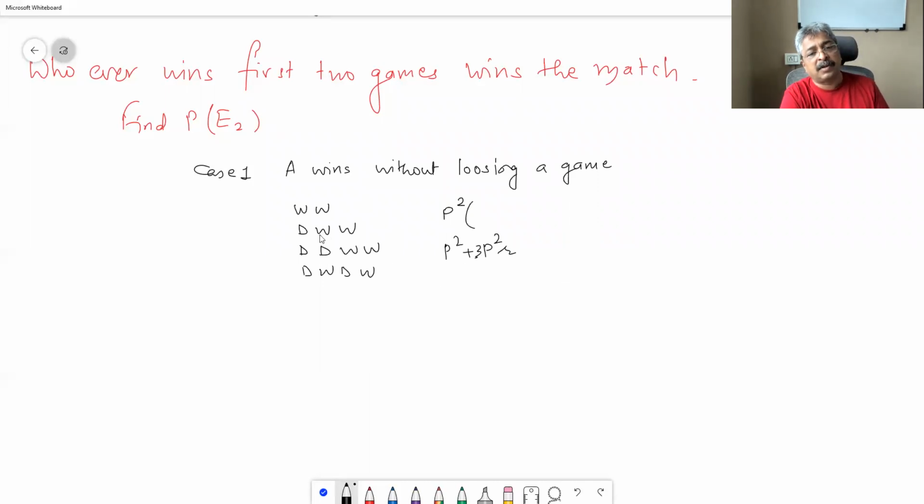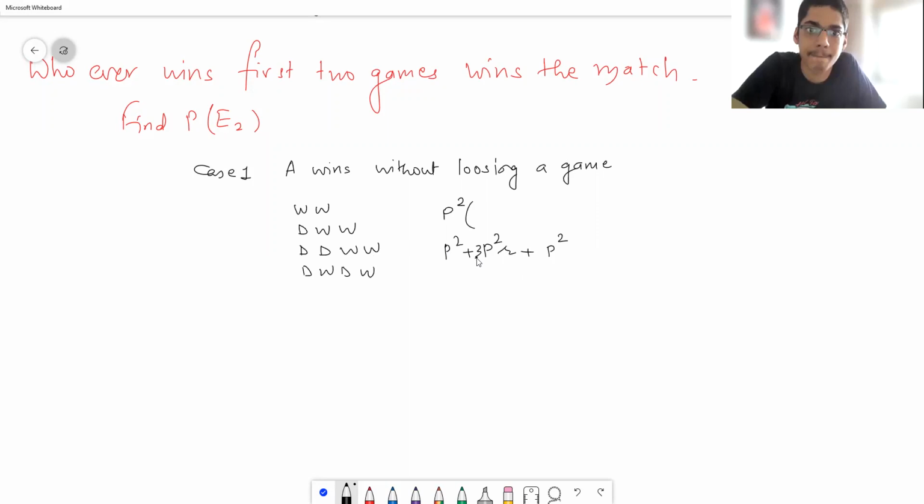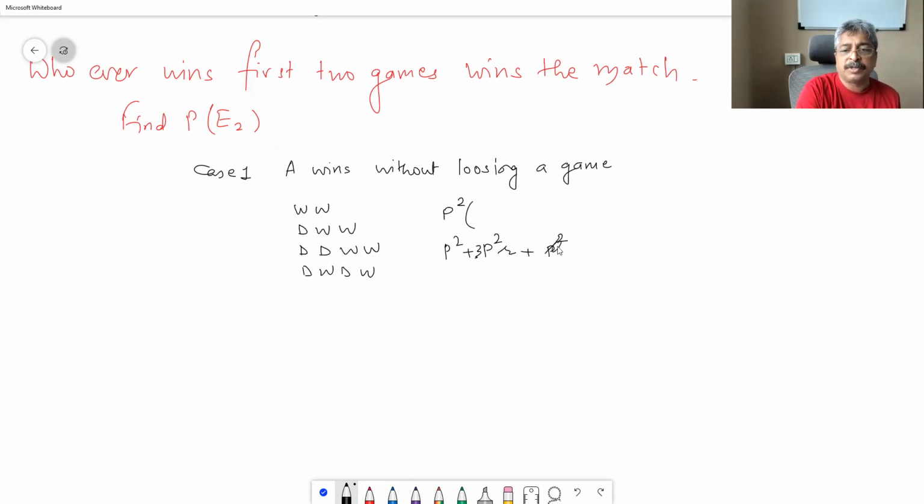Is that right? 3 P square R plus. Then he wins P square by having 2 D's. And then in how many ways can I put 2 D's in this? It's a permutation with repetition, something like that. So what will be the coefficient here? 4 factorial upon 2 factorial into 2 factorial.